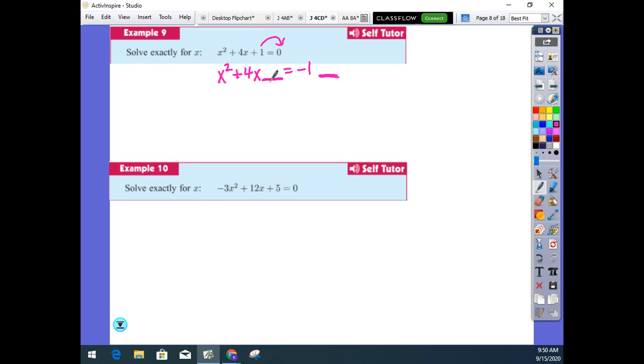Completing the square means I'm going to put a number in here that creates a quantity squared. There is only one number I can put here that completes this square. First of all, this x has to have a coefficient of 1 for this to work. So I'm just going to bring this x down here. I'm going to take half of this number, and then I take this number here squared.